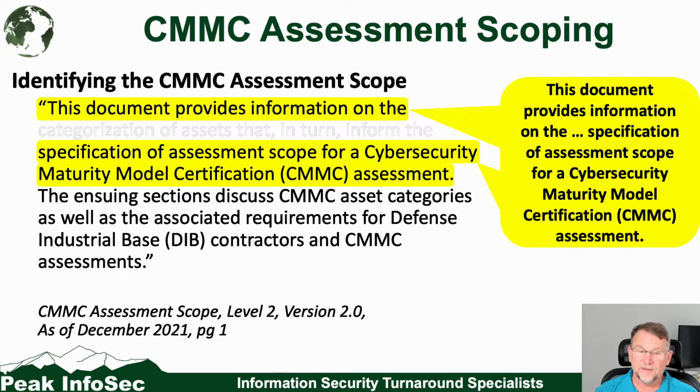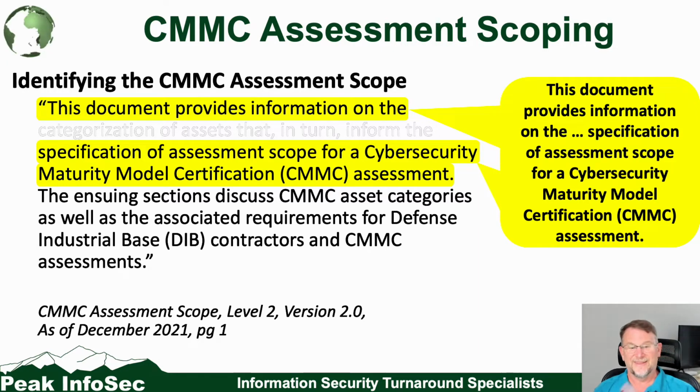Nowhere in that statement are you being told what to apply controls to. This is all about the assessment scope. That is it. It's about what I am allowed to go assess, not about what you are supposed to go implement. That's two different topics.